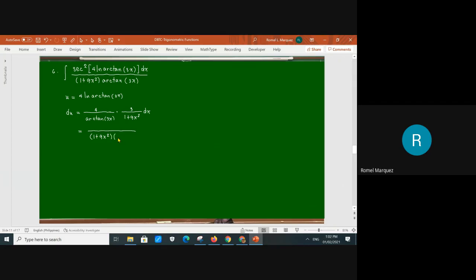When you're writing a fraction, mag-practice kayo to identify where you're going to write many things, no? So if you're going to write many things in the denominator, you start there. So that when you write the numerator, it is at the middle. You'll be able to approximate that it is at the middle of the fractional bar, so that you have a nice fraction.